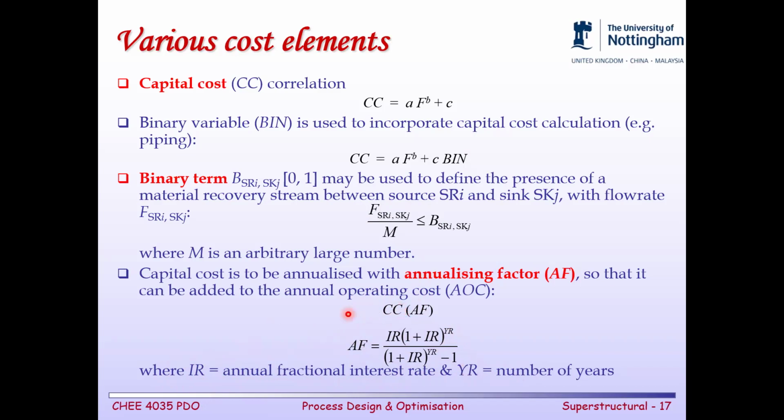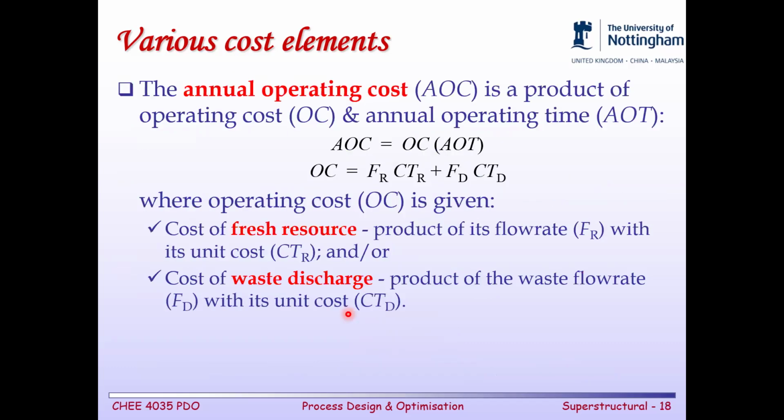So why do we need to multiply it with the annualizing factor? So that the cost will be converted into annual cost. Okay, because our operating cost is based on the annual operating cost. So if we want to know the total cost, then we have to annualize the capital cost as well.